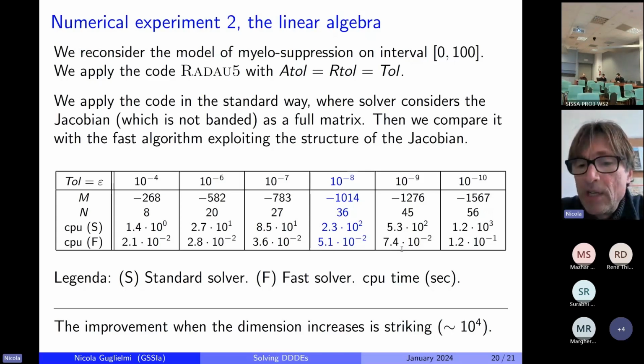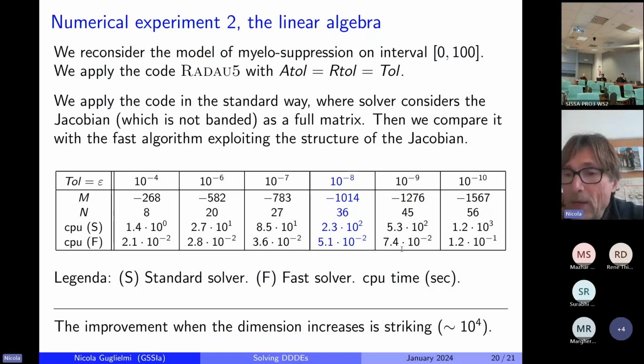It is already challenging. If you use the standard solver, you have 10 to the 2 seconds, 200 seconds, 3 minutes. But with the fast linear algebra, you have 10 to the minus 2 seconds. So you have a 10 to the 4 reduction of the CPU time, which is certainly striking. It's not a slight difference, it's an enormous difference.